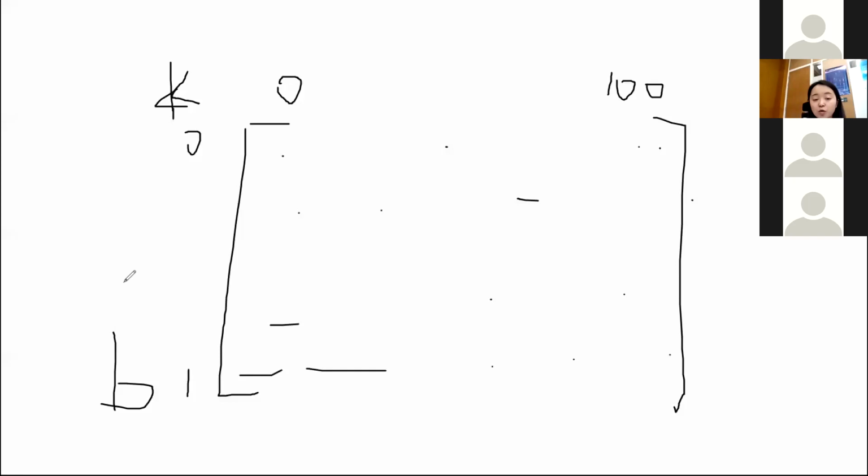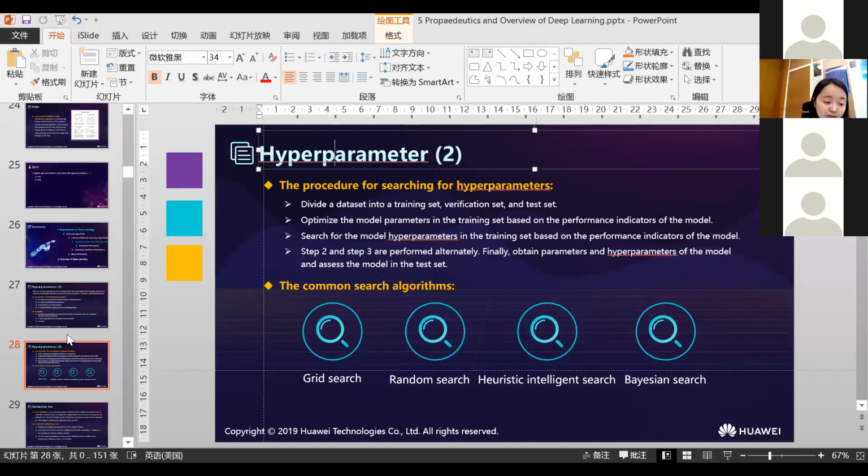So the model would randomly pick a pair of k and b, check the performance of this pair of hyperparameters, and choose the one with the best performance. So that is grid search, and that is random search.